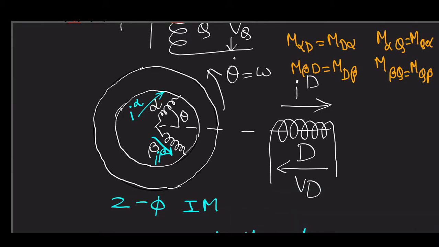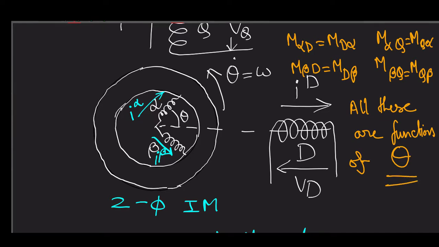With all this, we can see that all these four are functions of theta, and clearly this variation of theta is cyclic with a period corresponding to one complete rotation of the rotor.